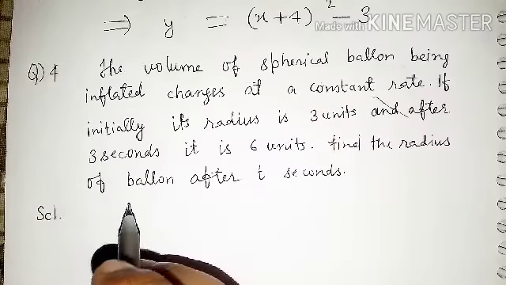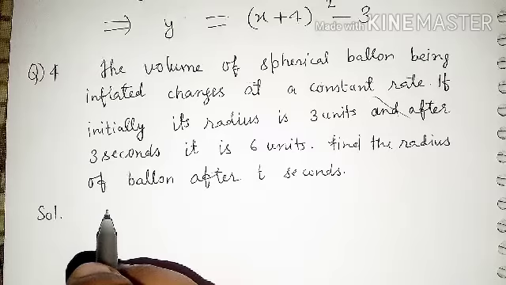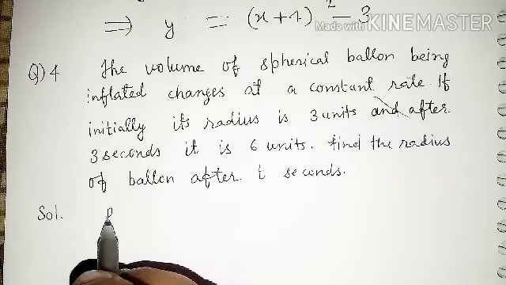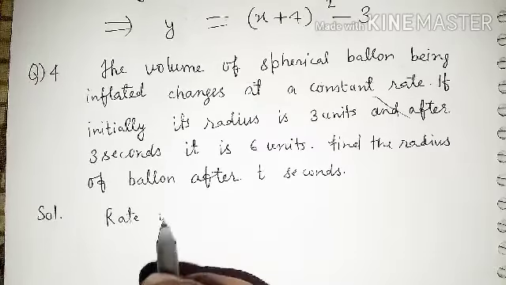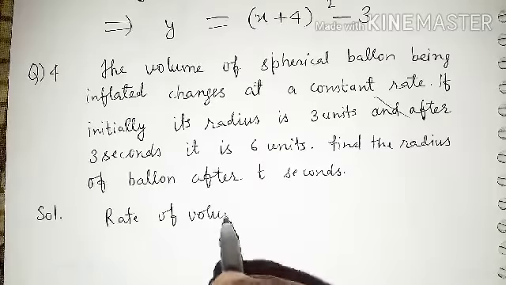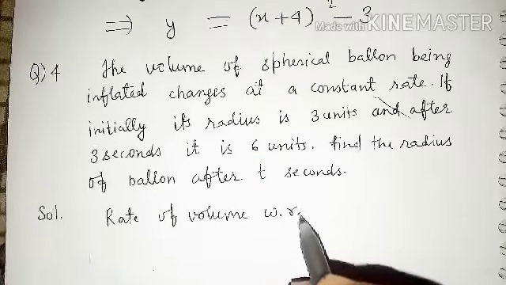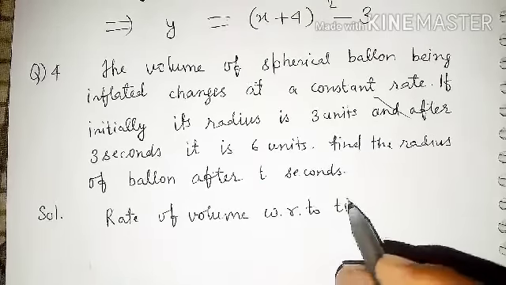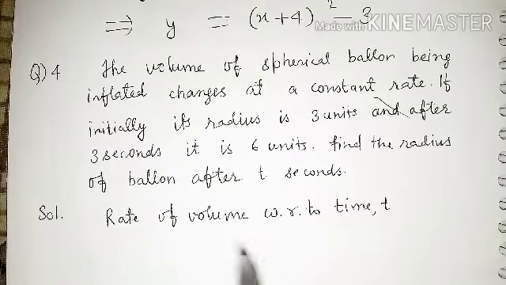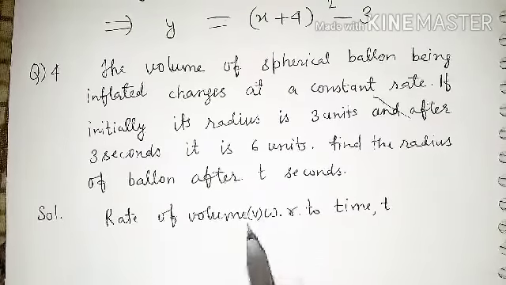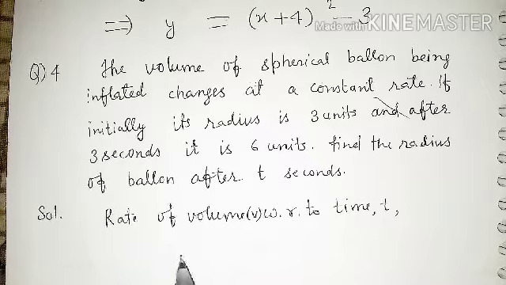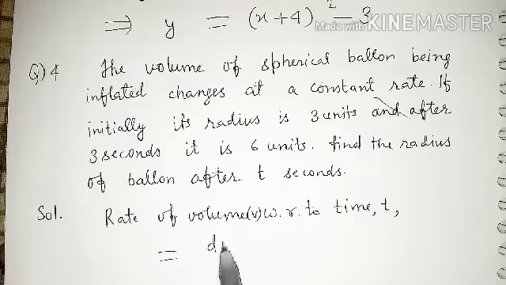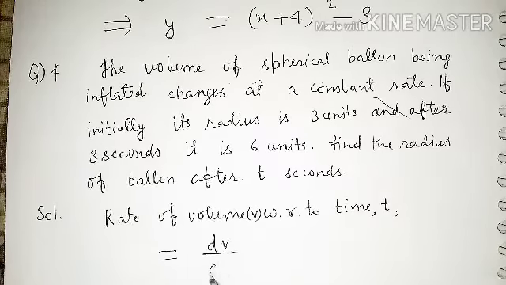Solution. Rate of change of volume with respect to time t, here volume is V, is dV by dt.